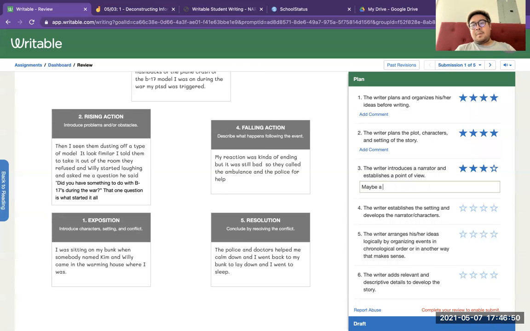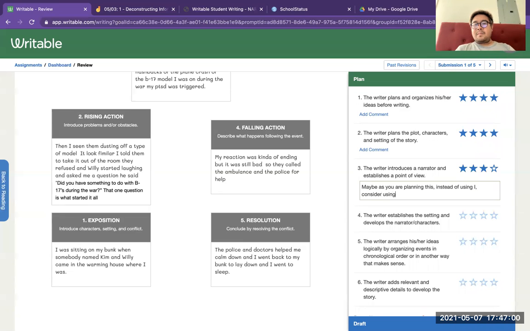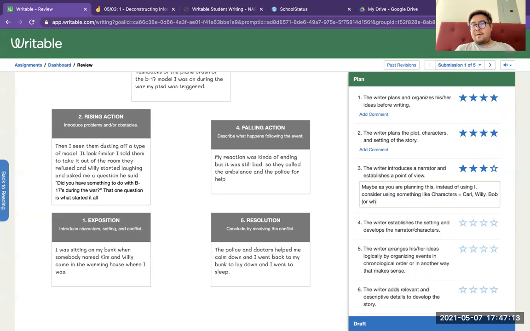Maybe as you are planning this, instead of using I, consider using something like characters equals Carl, Willie, and Bob, or whatever name you choose for the original narrative.